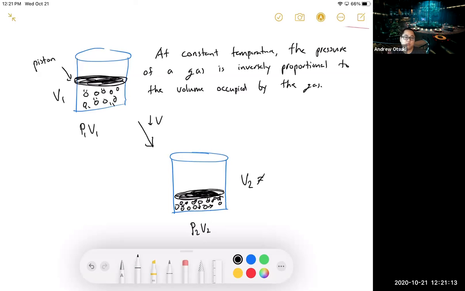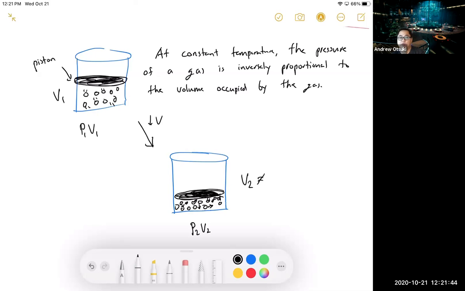We can explain why this occurs: as we decrease the volume, the amount of space the gas can occupy is reduced. That means there's less space for gas particles to move, and they'll reach the sides of the container much faster at constant temperature, and they'll also have more collisions.